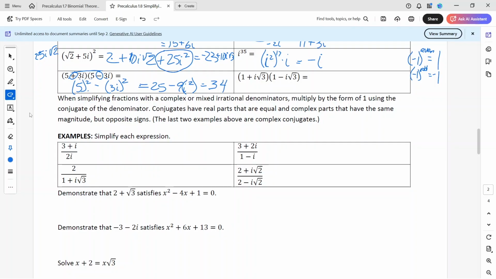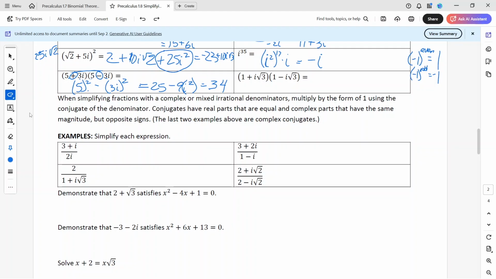The same thing happens here, but the only difference is this time that I have to deal with the square root in addition to the imaginary and everything else. But notice that the outside pair and the inside pair will be perfect opposites, and when I combine them, that's going to go to 0, so I don't even need to bother looking for the middle term.